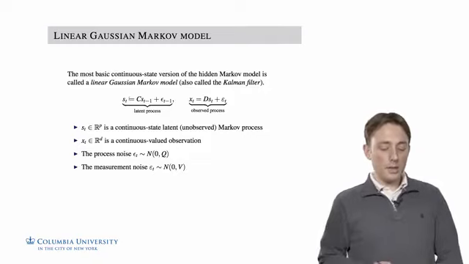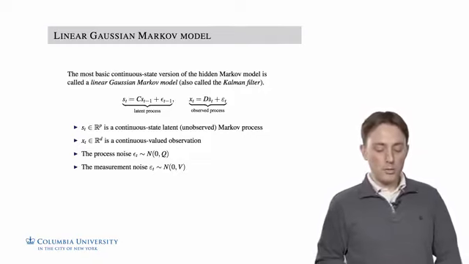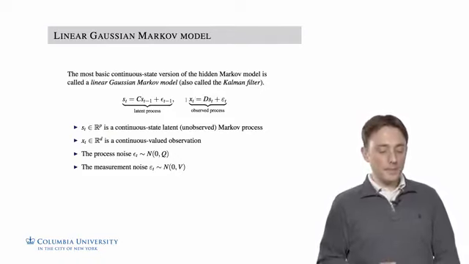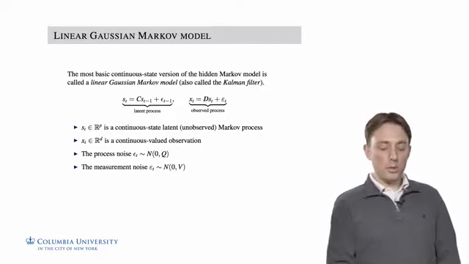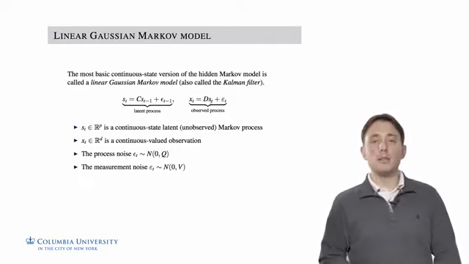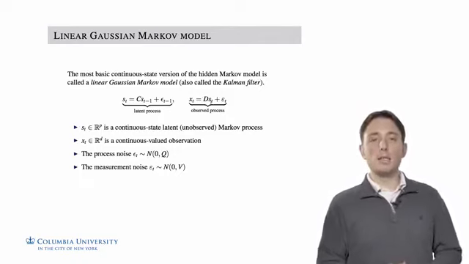Then, given this latent unobserved process, we have the observed process that corresponds to it, where the observed vector at time t, which is a vector in R^d, is equal to some known matrix D multiplied by the latent underlying state at time t.